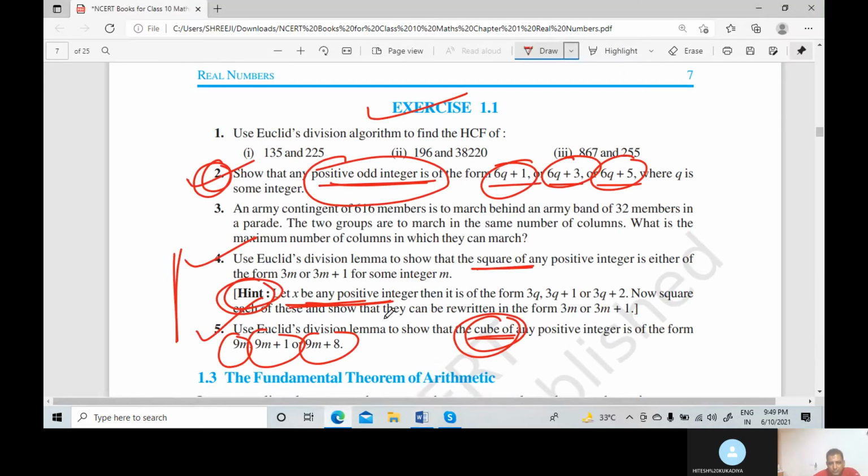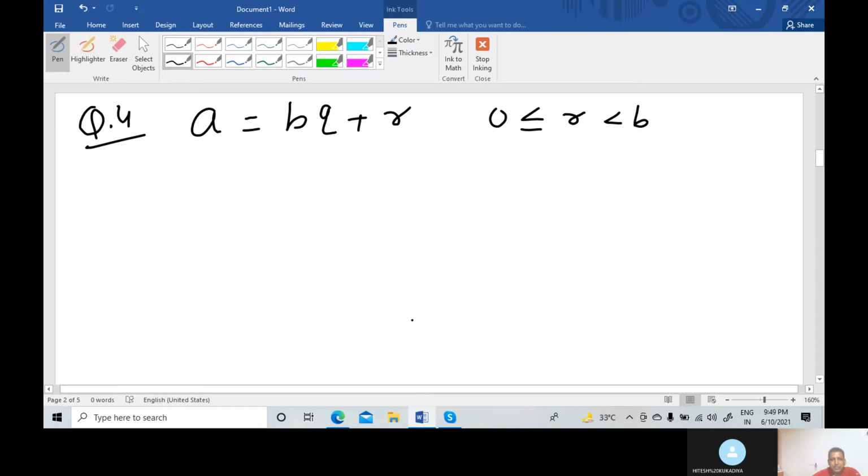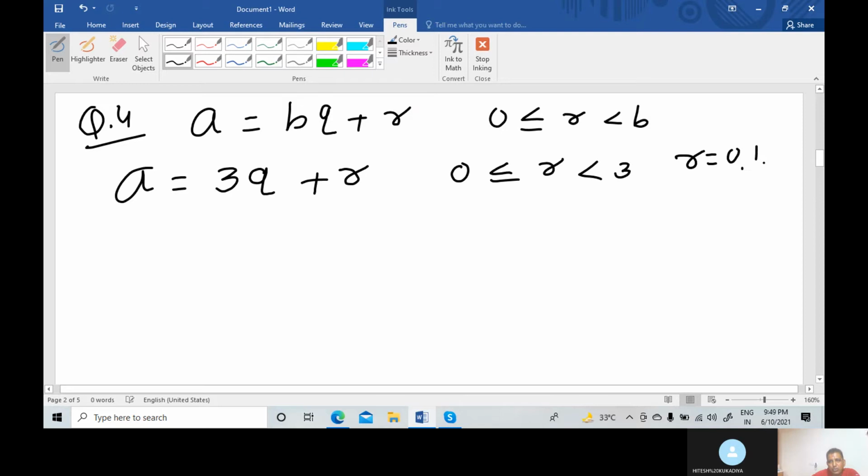Now it is of the form 3q, 3q plus 1 and 3q plus 2, for any positive integer. So here b equals 3. Put b equal to 3, so a equals 3q plus r, where 0 is less than or equal to r, which is less than 3, so r equals 0, 1 and 2.